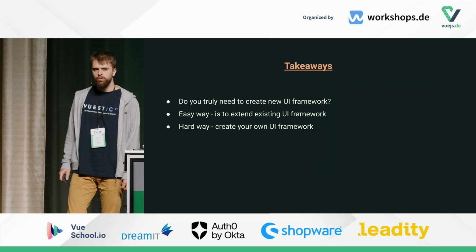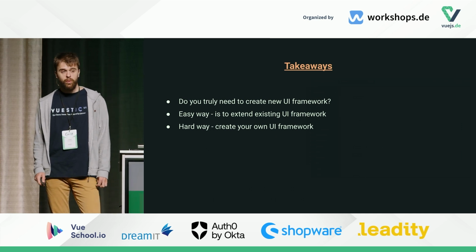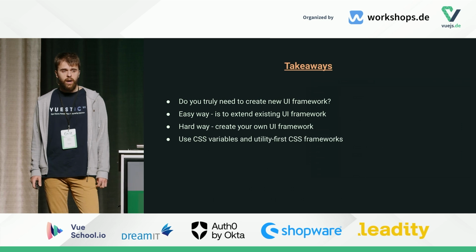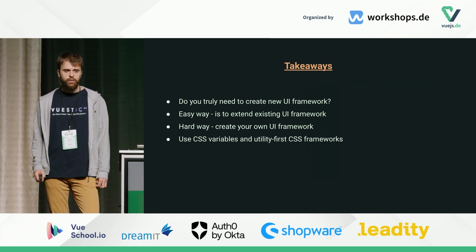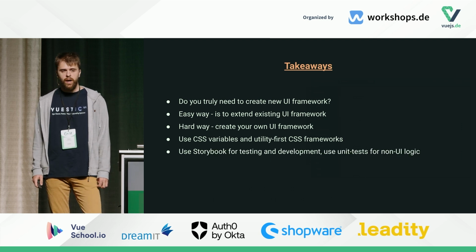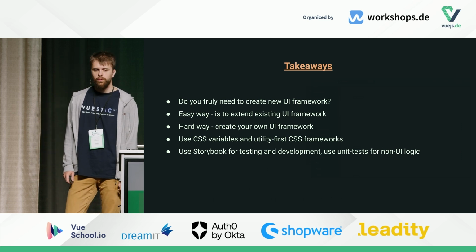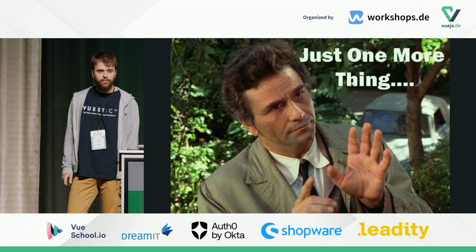The hard way would be to create your own UI framework, very hard way. And if you decide to go this way, you would use CSS variables and utility-first CSS frameworks. And I would also recommend using Storybook for testing and development, and unit tests for non-UI logic.